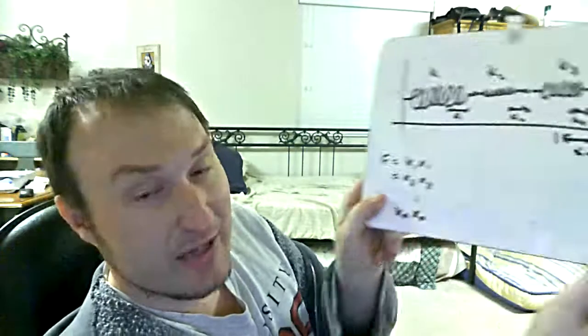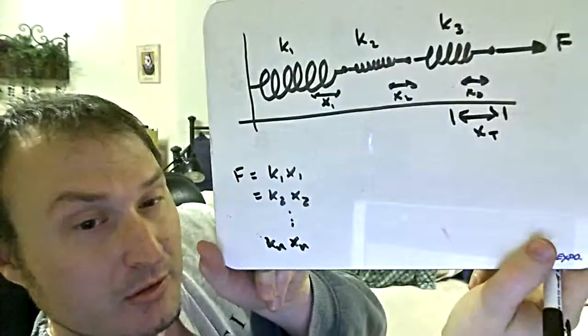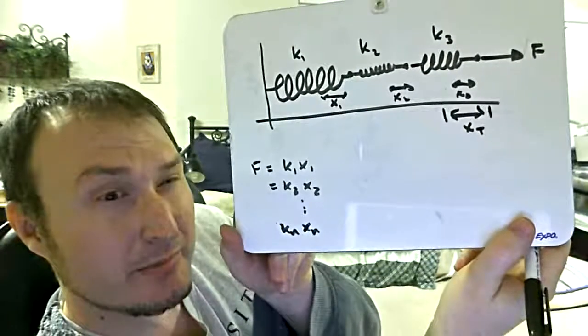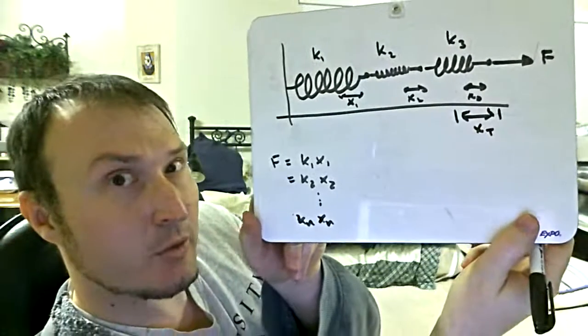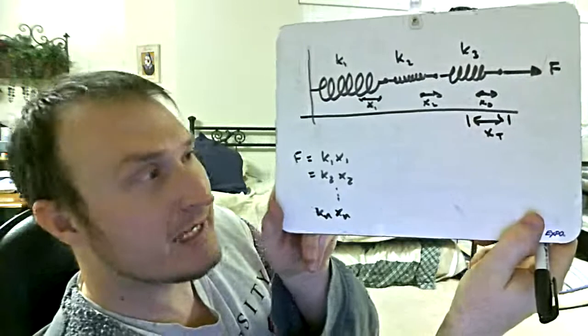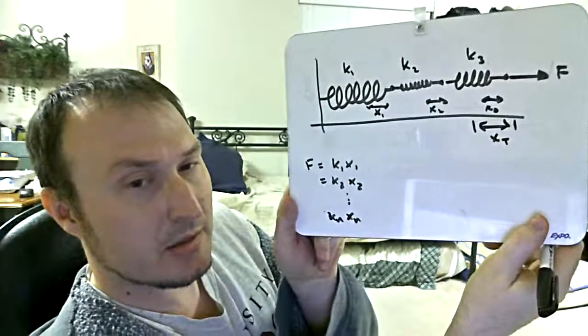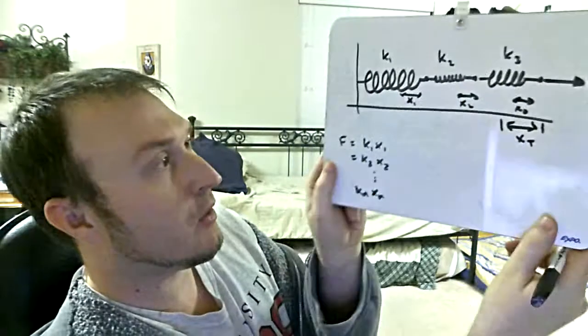So even if I had a whole bunch of those springs together, that's how they would be related. That force ties their displacements and their spring constants all together in this manner. These are all equal. Okay.